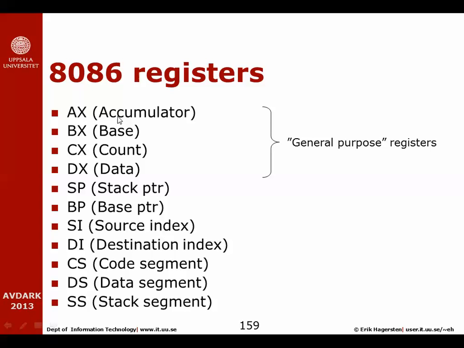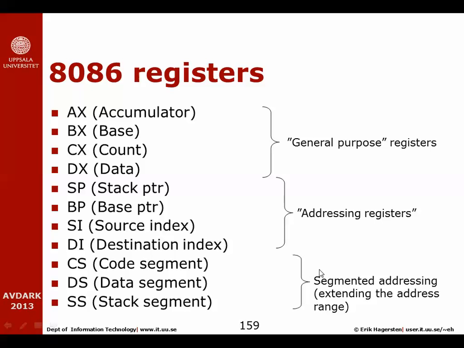If you look at registers that are more general purpose than others, that would be these 4 registers. Even though they have special names, they don't have that much hardware functionality tied into them. Then you have the stack pointer, base pointer, source index and destination index. These are more tied into certain addressing modes that you had in the 8086.